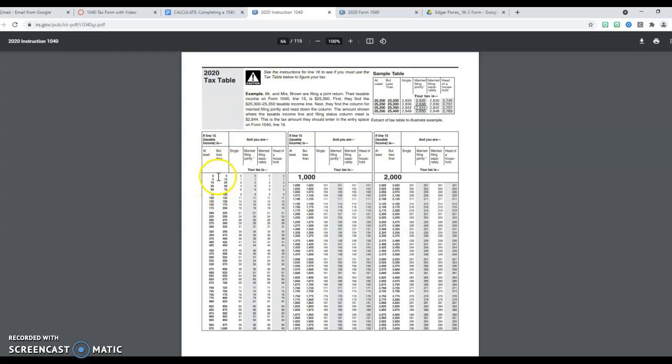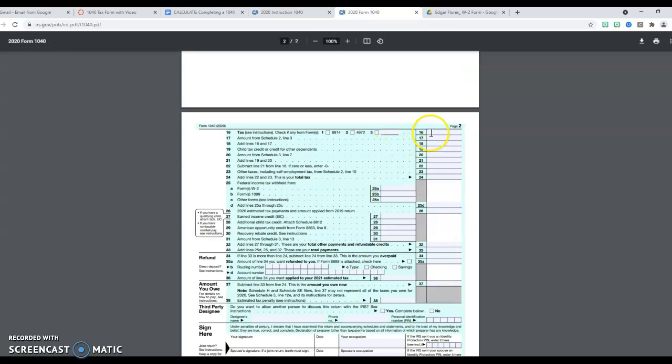On line 15, that's what I got to use for my tax. It was 0. So that's a pretty good indication that I'm single, I'm not going to have any tax. If there's a number on line 15, then you would need to use the tax table. So I'm going to put 0 for line 16.